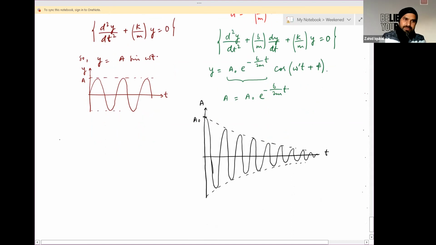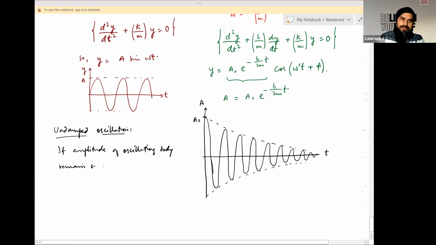So we may define these different terms. First, undamped oscillation: if the amplitude of the oscillating body remains the same, then it is called undamped oscillation.